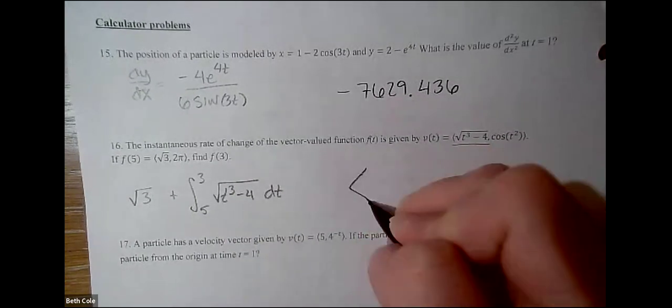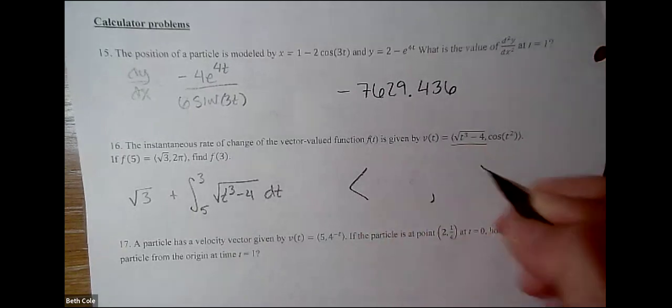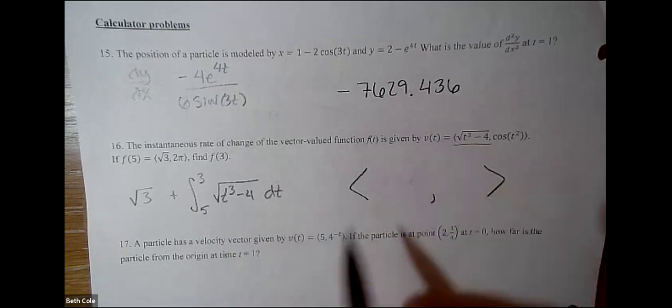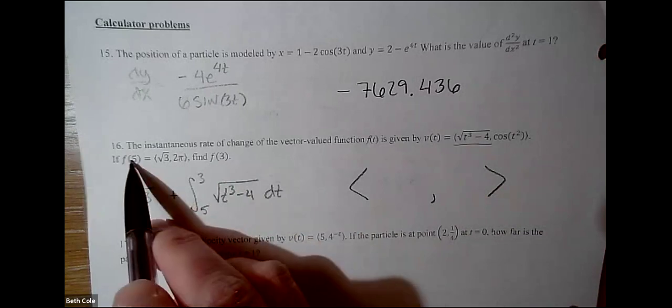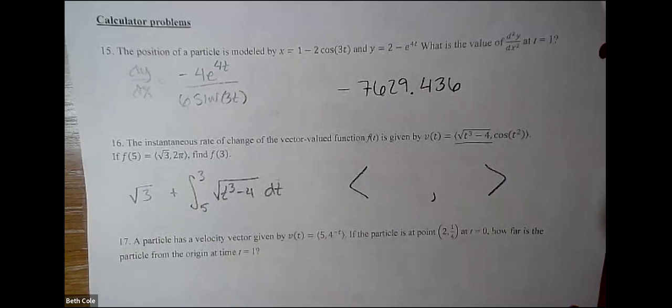And I'm going to go to the calculator and type that in. And once again, that's going to give me this x part. I'm not going to do the y part. You'll be able to pick the answer based on it. But you would do the exact same thing. It would be 2 pi would go here plus integral 5 to 3, and then you would just use this cosine t squared inside of your integral.